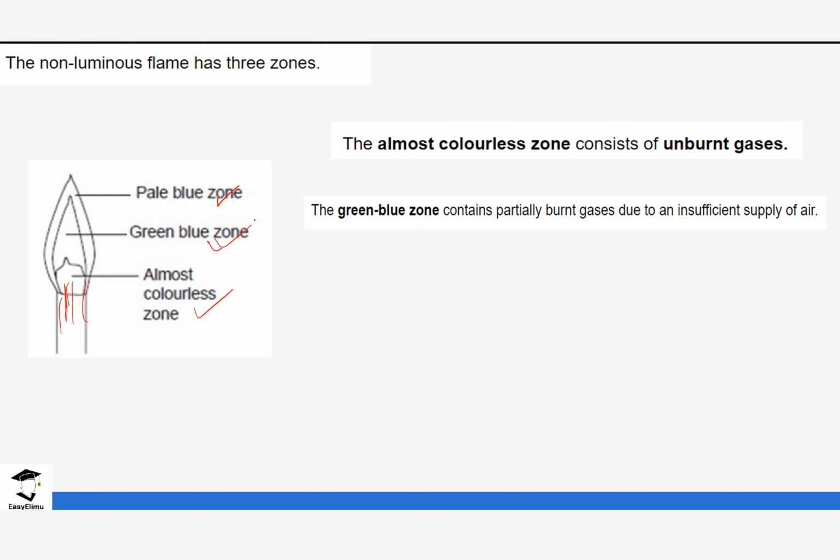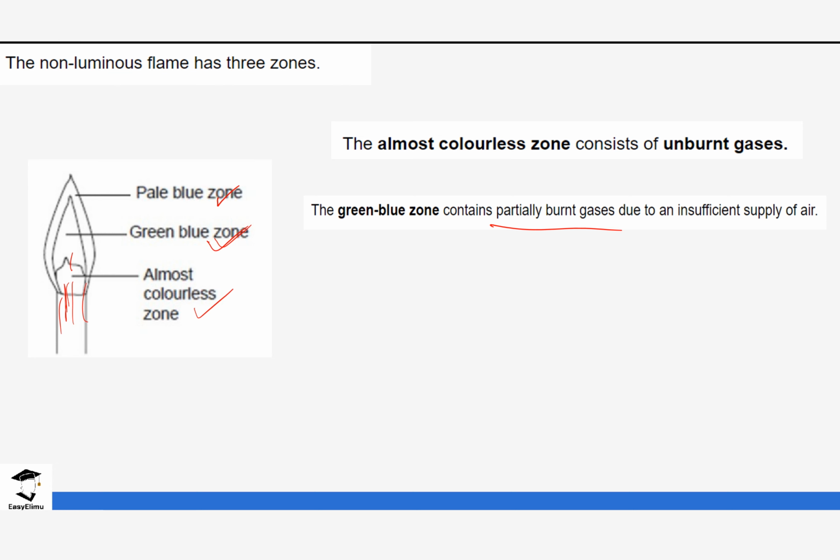Next, we go to the green-blue zone. It usually contains some partially burnt gases and also partially unburnt gases. It's not completely the same as the luminous flame. The amount of gases that are not burnt completely is less, but also we have some gases that are burnt completely in this region. Remember, it's directly above the almost colorless region, so we know some unburnt gases might go upwards as well.